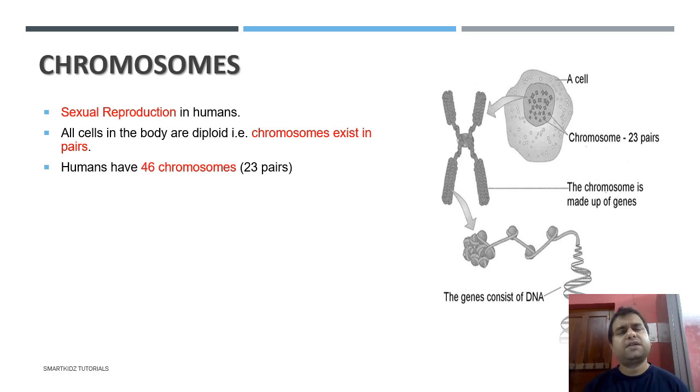We are born as a result of a union between our father and the mother. That means sexual reproduction results in an offspring in case of humans. And in this sexual reproduction, we get 50% from our father, 50% from our mother. We get half our characteristics from our father, half from our mother.